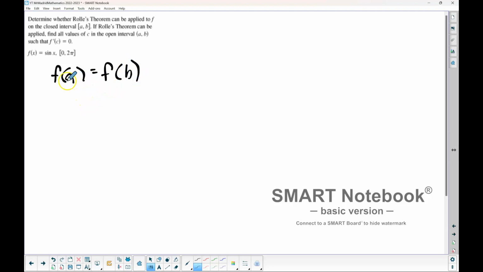Essentially, if you plug two different values in this interval into sine of x, will you get the same y value? I like to pick these trigonometry problems to force us to look at trigonometry. In class, we may not have you work on trigonometry, but I think it's good to give you that refresher from pre-calculus.